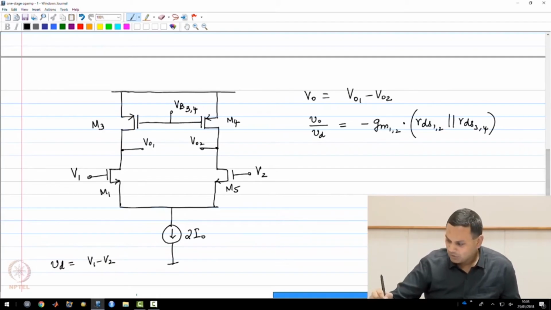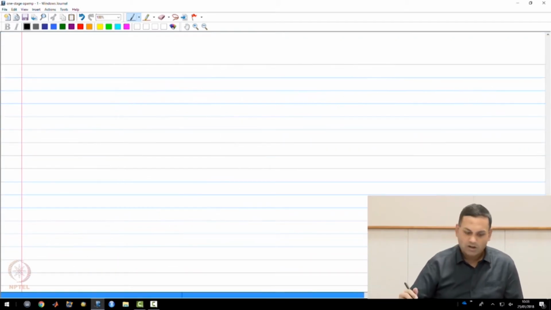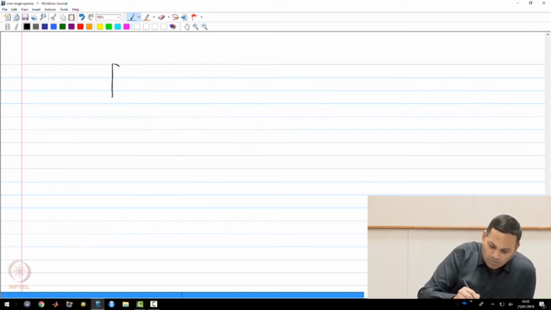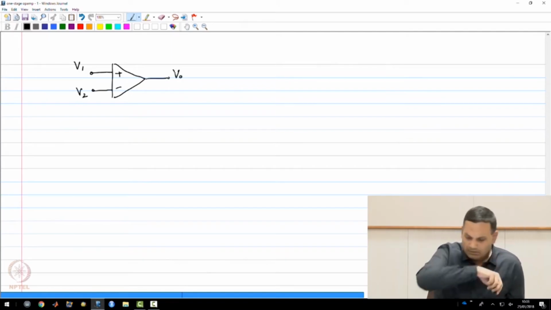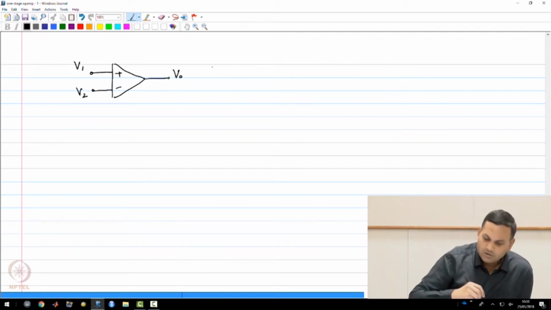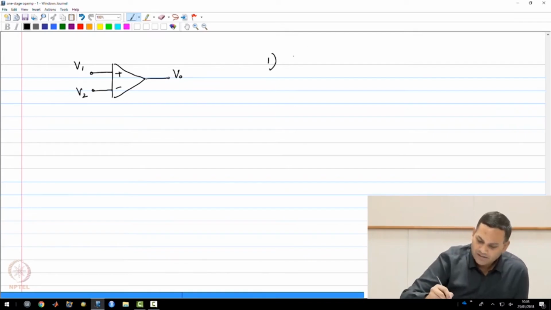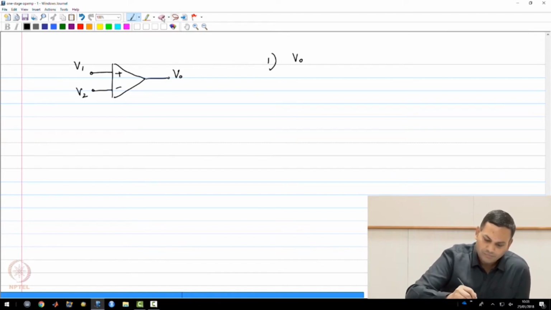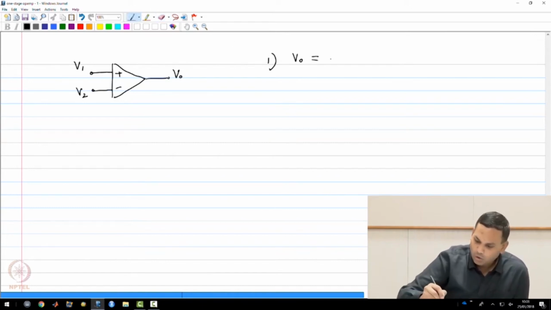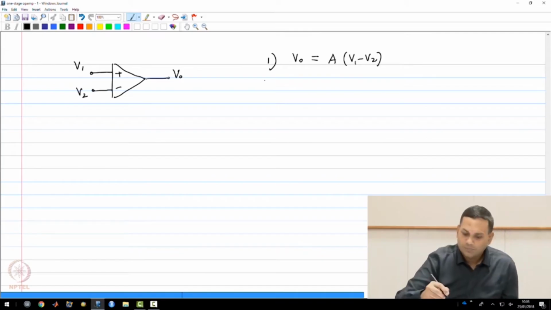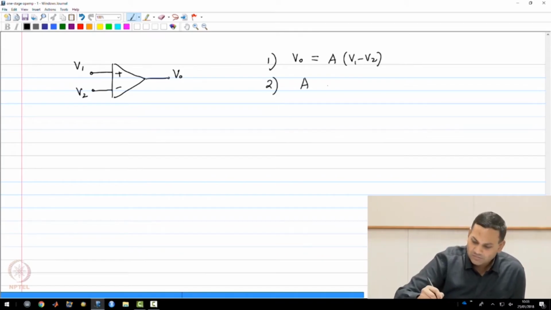Now what do we need from the op amp? Let us go back to the block level conceptualization of the op amp. The things we need from the op amp are large gain, so VO is some A times V1 minus V2, and we want A to be very large.